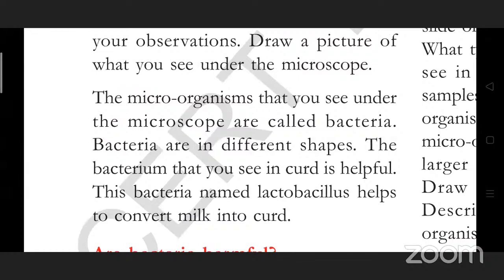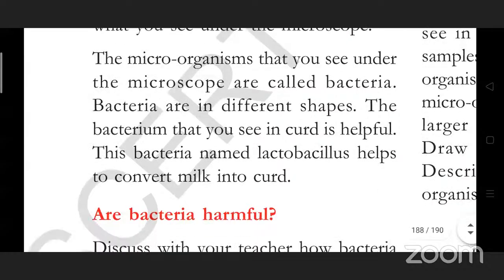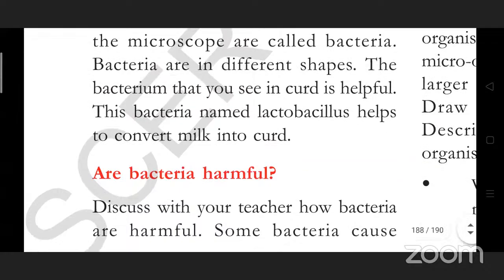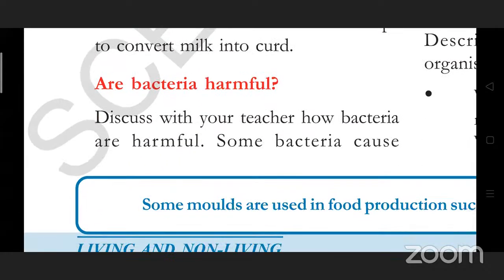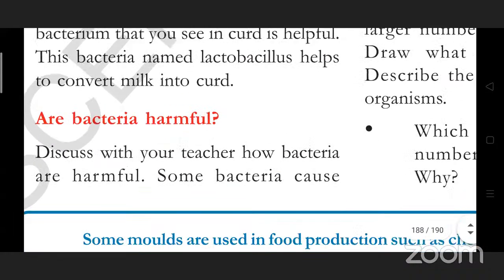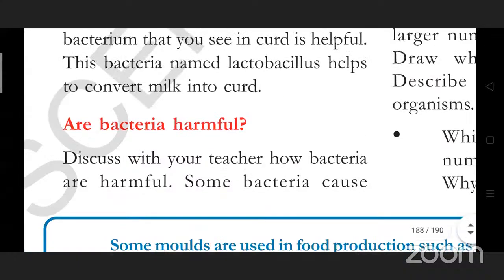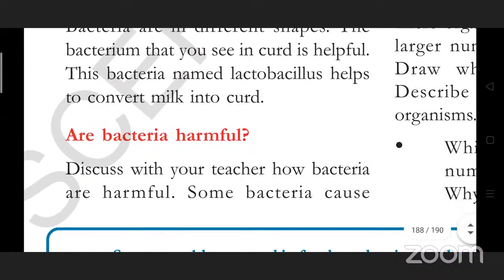The name of that bacteria is lactobacillus. That only helps to convert milk into curd. Lactobacillus is a useful bacteria.